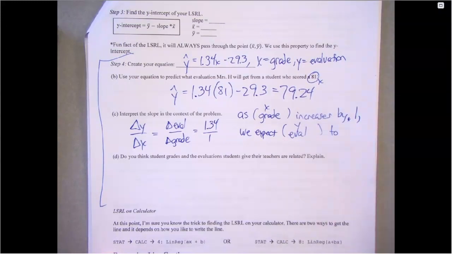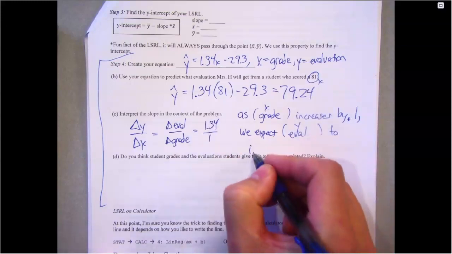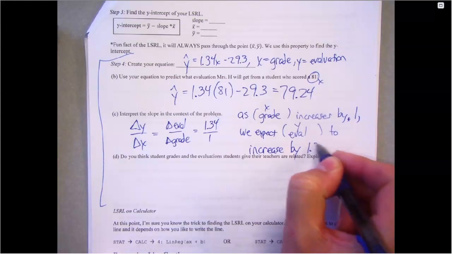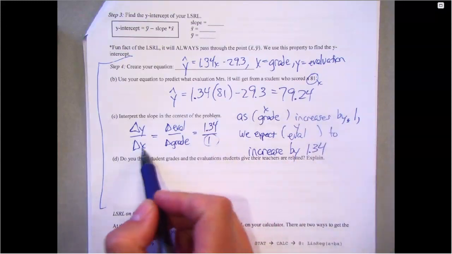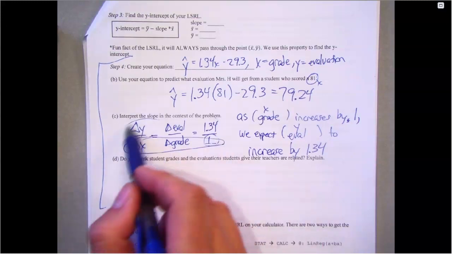To increase or decrease? Increase, because that's a positive number. So as the x value increases by 1, that's the x. That's what I'm trying to show with this setup, the x value is 1 and the y value.